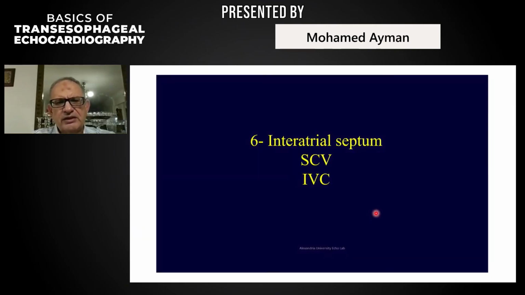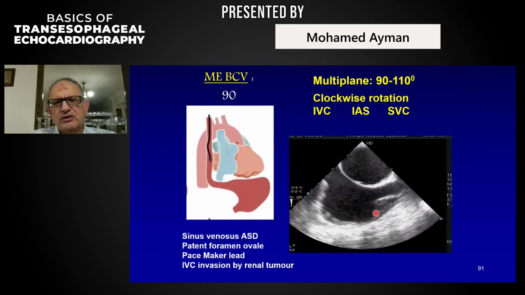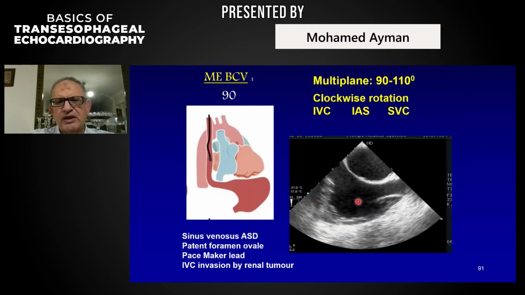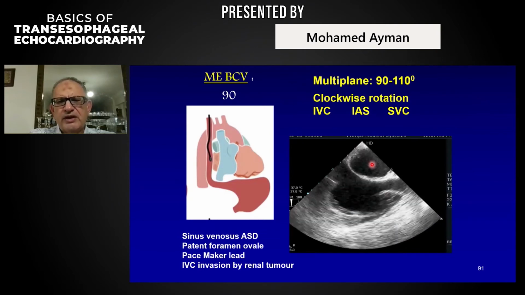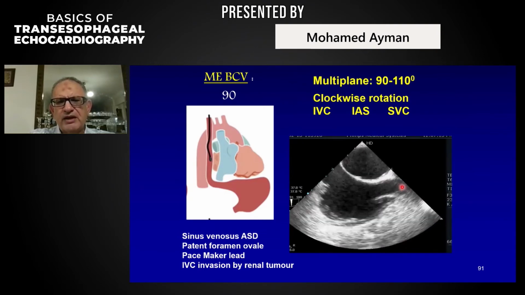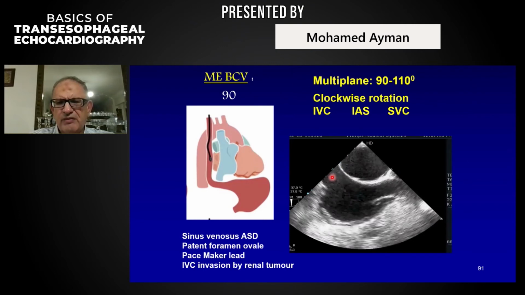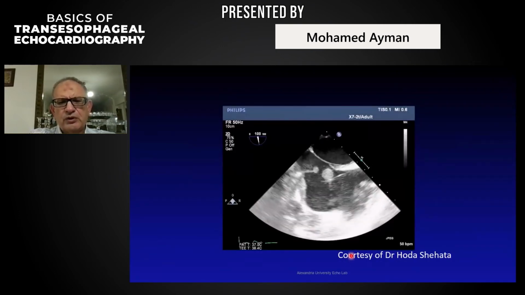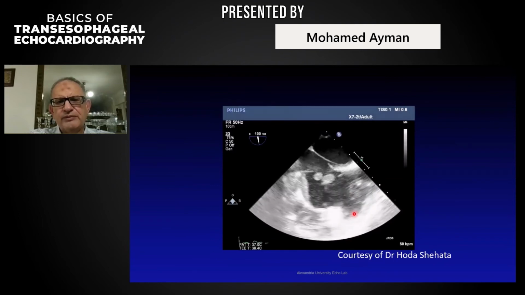Going to the interatrial septum, the superior vena cava and the inferior vena cava, we are going to check for the bicaval view, as I told you before: right atrium, left atrium, superior vena cava, and the inferior vena cava. So as you can see here, also this is the work of Dr. Huda.